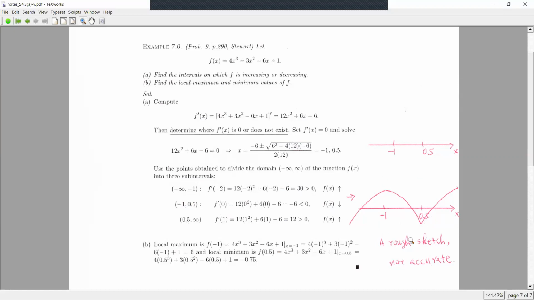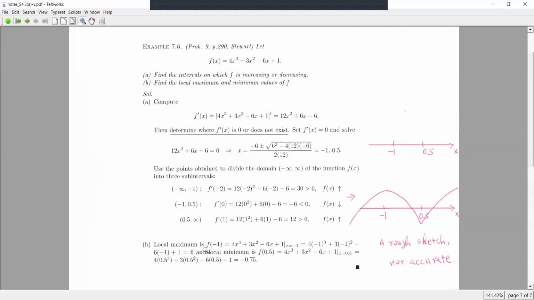So from this rough sketch, I can tell that the function has a local maximum at -1 and has a local minimum at 0.5. So the answer to B is local maximum is at -1. Local maximum function value is f of -1.